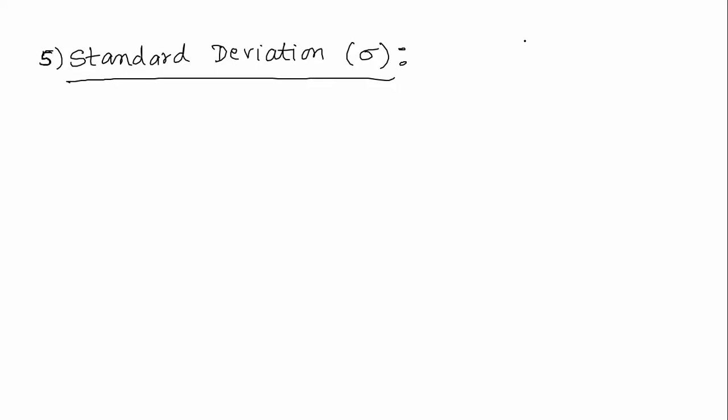Any measure of dispersion will be 0, and that is really ideal. It cannot be less than 0, and this ideal situation is going to happen only when all the observations in the data are exactly the same.